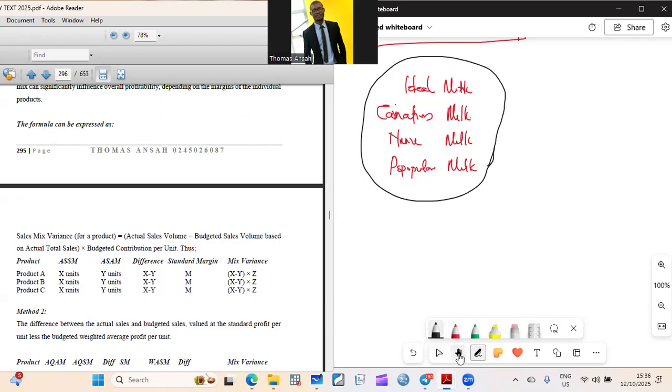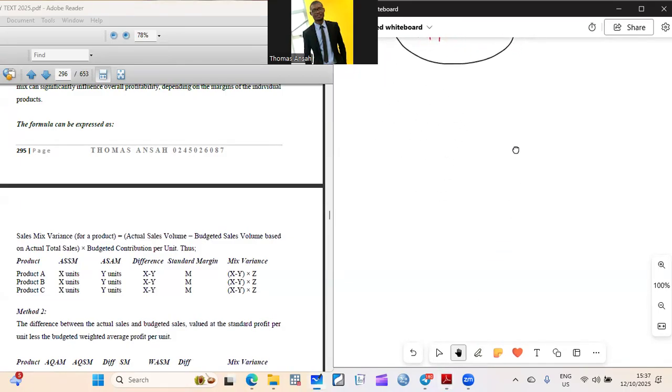So if we want to derive the formulas, remember I've told you that the SP is actually margin. All right, it's actually a margin. So we said that you needed standard quantity and what? Standard margin, like kind of standard price. And we did actual quantity.